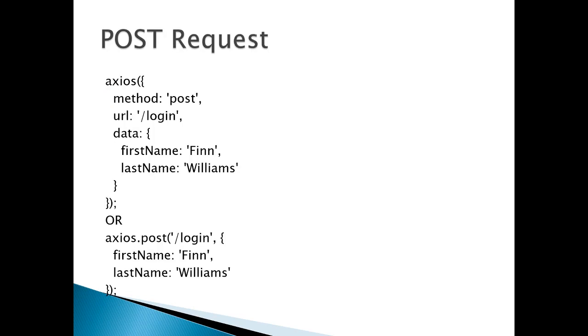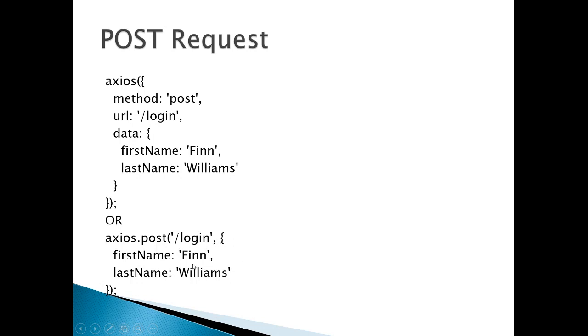If we want to apply a post request using Axios, how can we do it? Axios method is equal to post, URL. The path on which the request will be sent is /login. For example, the data which will be sent with this URL is data: first name, last name, etc. Or the same thing you can write in this layout, or you can write axios.post('/login', options), first name, last name.